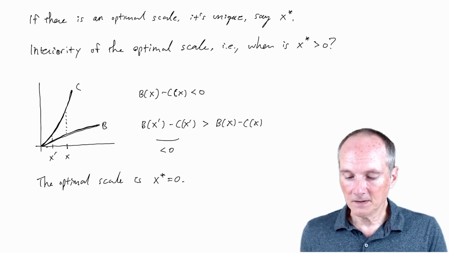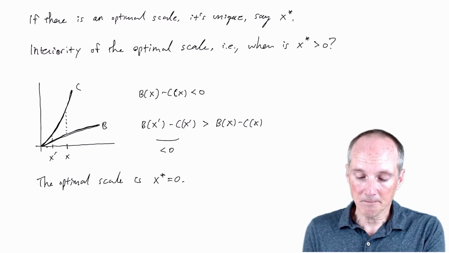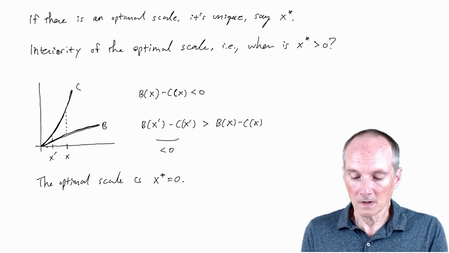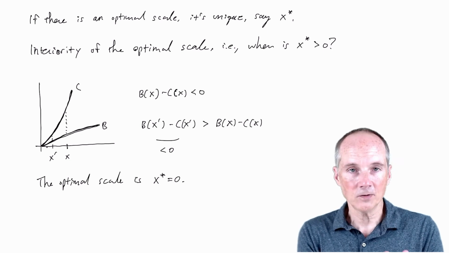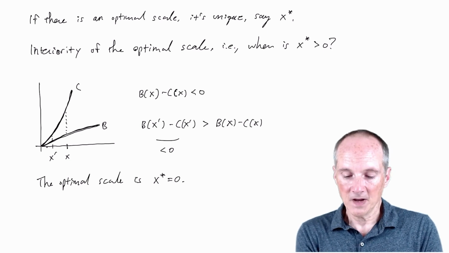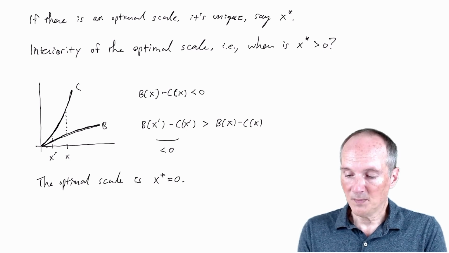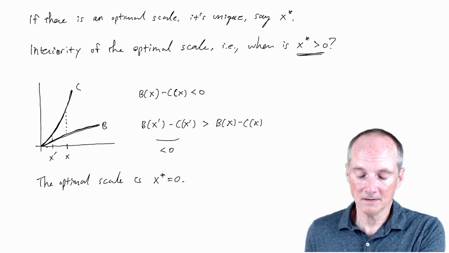But it's nice to understand when we can ignore that kind of situation, because these kinds of, they're called corner solutions, you have to deal with them separately from the positive case. For the positive case, we can use calculus techniques to understand the optimal scale.